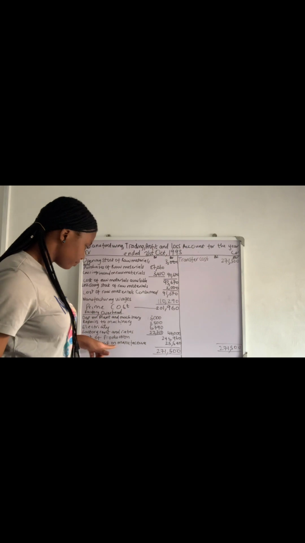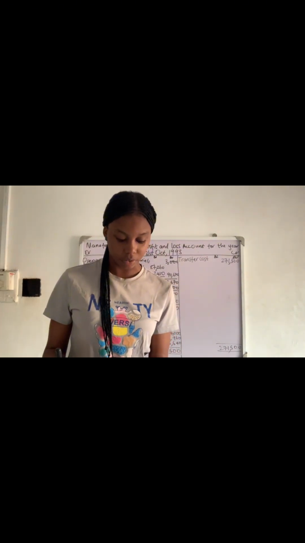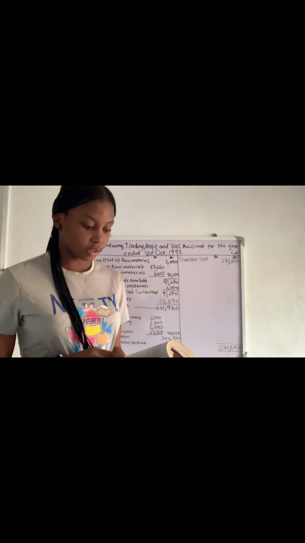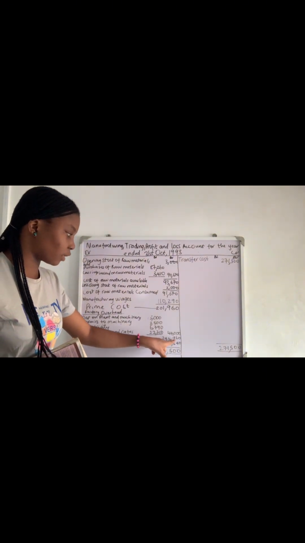So here, now we've reached that transfer pricing, whatever I was talking about. So this is where it's applied. In the additional information, you see goods manufactured are to be posted to the sales department at net realizable value of 271,500. So to the sales department, which means it is to be sold for 271,500, but your cost of production, which you have already gotten, was 245,960.